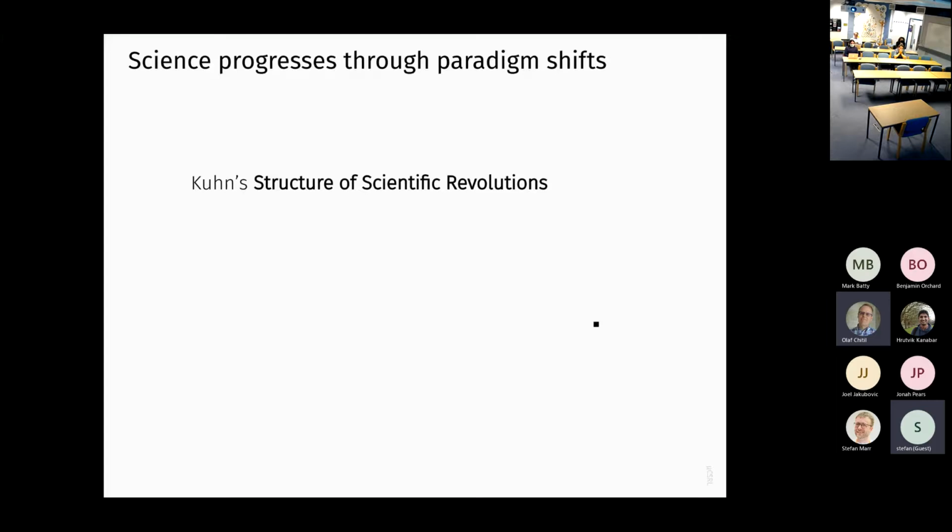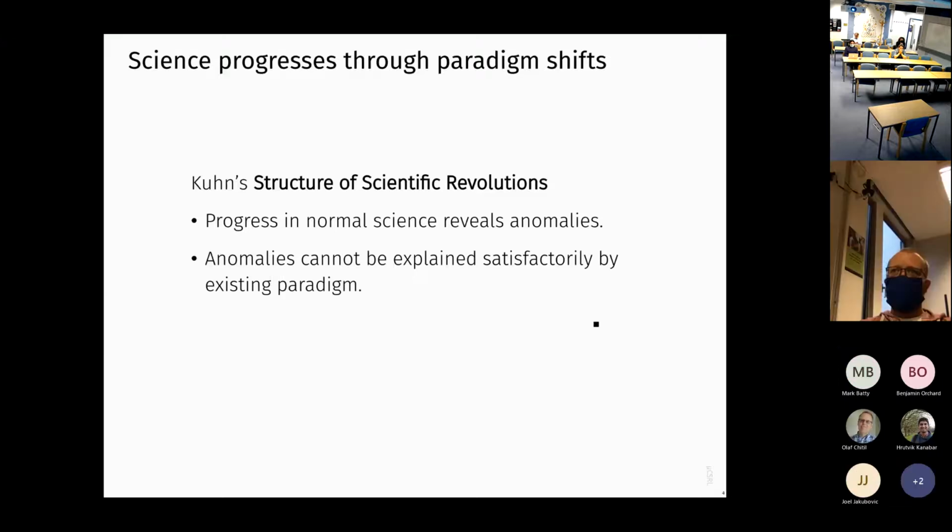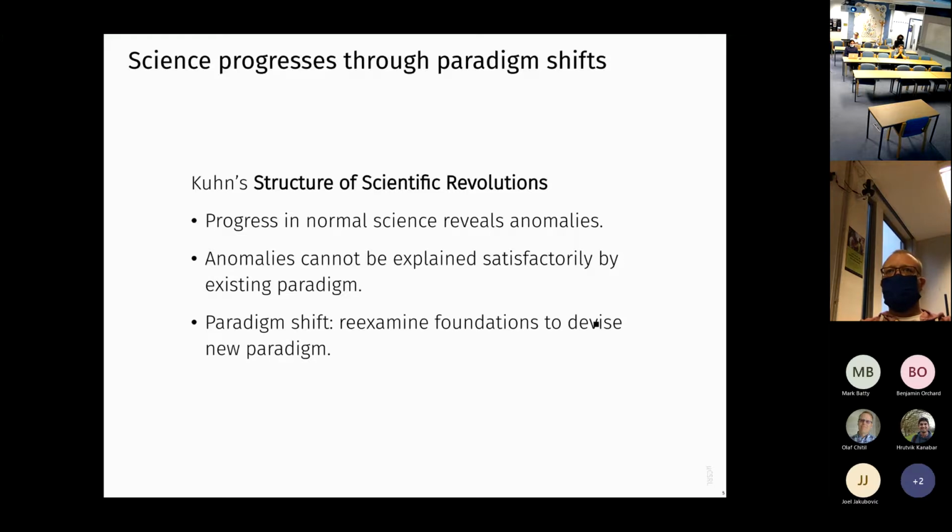What Kuhn basically discusses is that normal science is progressing, and usually people arrive at anomalies, and these anomalies cannot be explained satisfactorily by the existing paradigm. When many of these anomalies accrue, you have to do a paradigm shift to re-examine the foundations and devise a new paradigm that factors in all of these anomalies to explain those satisfactorily.